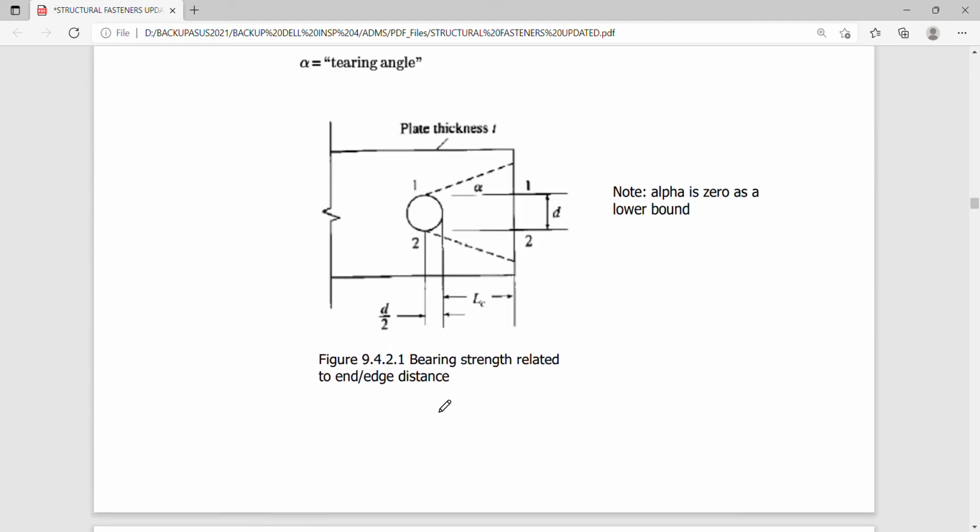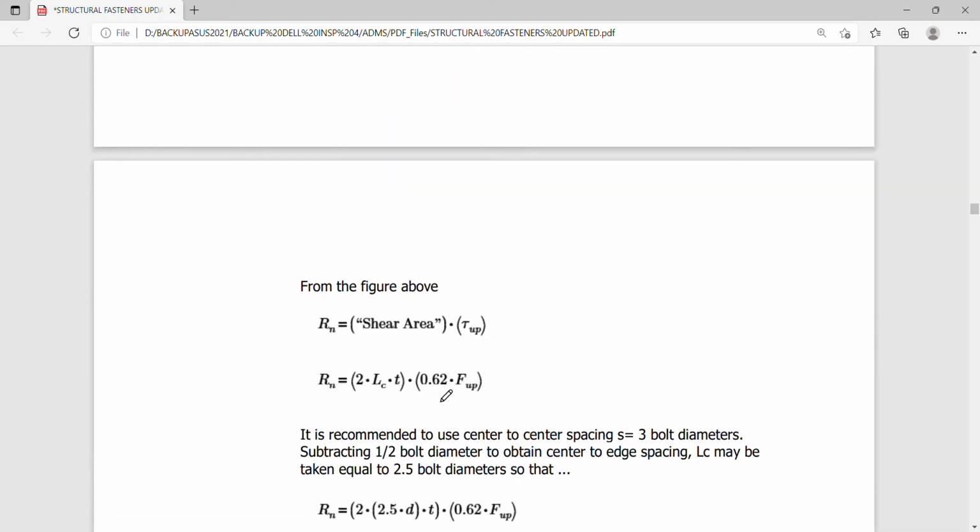So 2LCT is 2 times this length here. Okay, so this is considered one LC there and another LC here. So this is 2LC multiplied by the thickness, and 0.62 FUP is the shear rupture strength of your plate material.